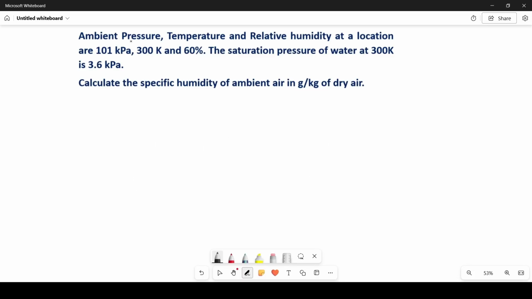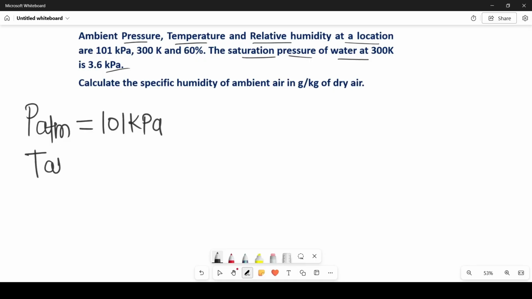As given here, we have ambient pressure, temperature, and relative humidity at a particular location. The saturation pressure of water vapor is also given to us. So let's first write down the given data. Ambient pressure is 101 kilopascal, ambient temperature is 300 Kelvin, and relative humidity is equal to 60%.